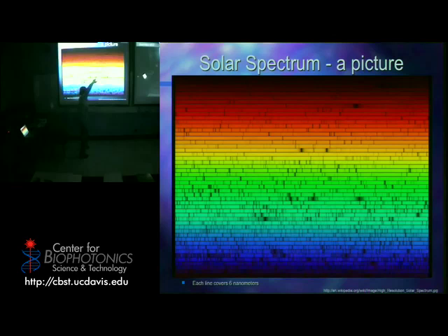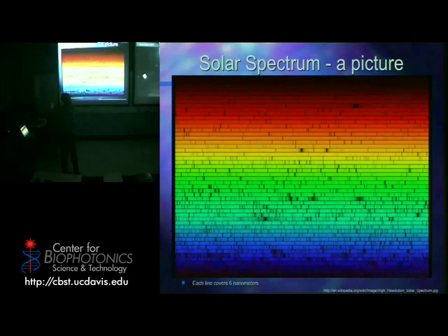Do you notice there are spots where it's black? That corresponds to something in the molecules of the sun generating this light. The molecules that were in there absorbed specific energies before the sunlight got to us.